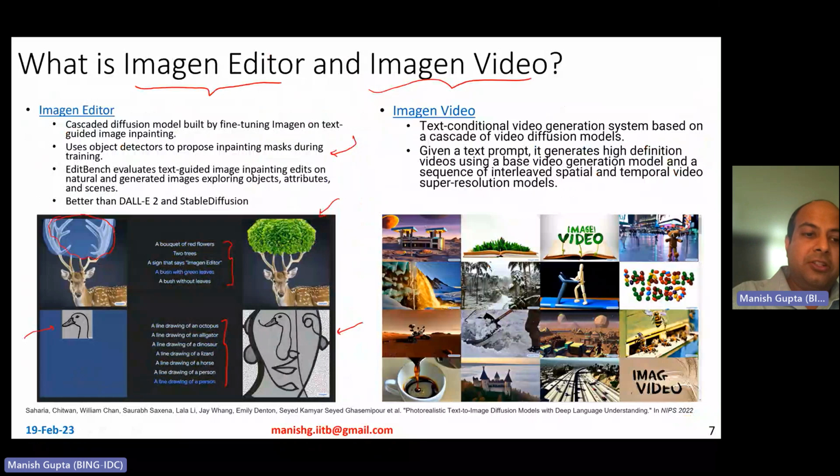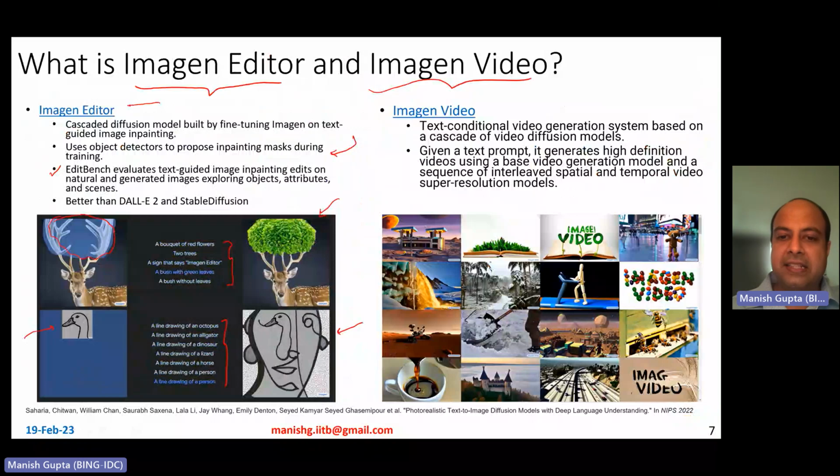While coming up with Imagen Editor, they also contribute EditBench, which evaluates text-guided image inpainting edits on natural and generated images, exploring objects, attributes, and scenes. That's basically a benchmark dataset. And the Imagen Editor paper says they are better than both DALL-E 2 and Stable Diffusion, which is great.